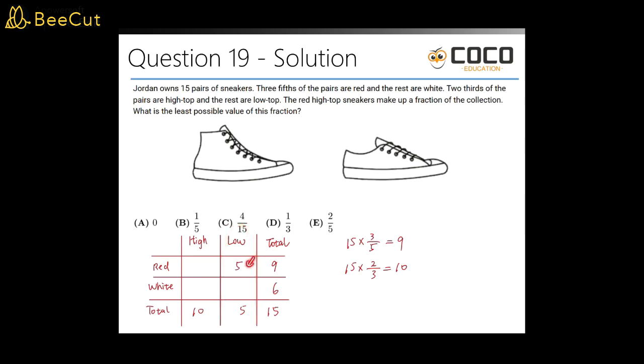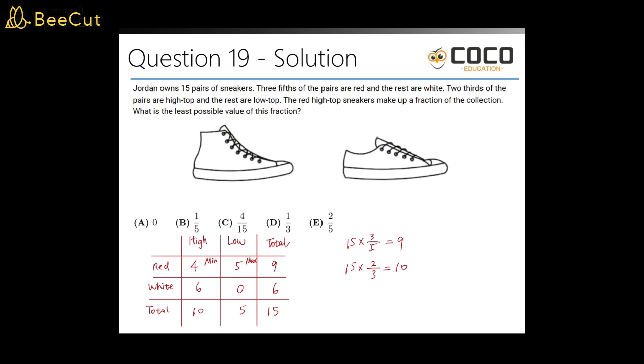So this is the largest we can get. This part's maximum is 5. Then the other one will be the minimum. Sorry, this is 0 and this is 5, oh yeah, this is 4. 9 minus 5. Okay, and this is 6.